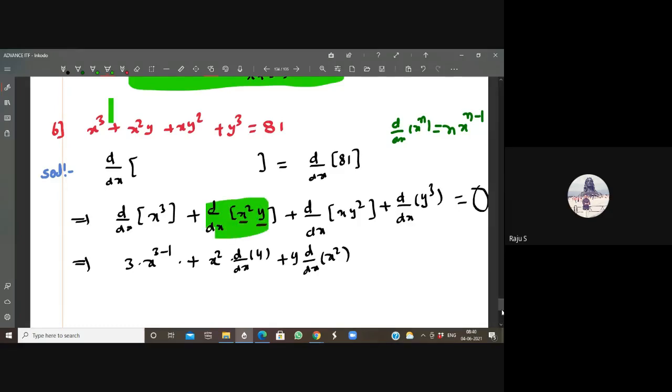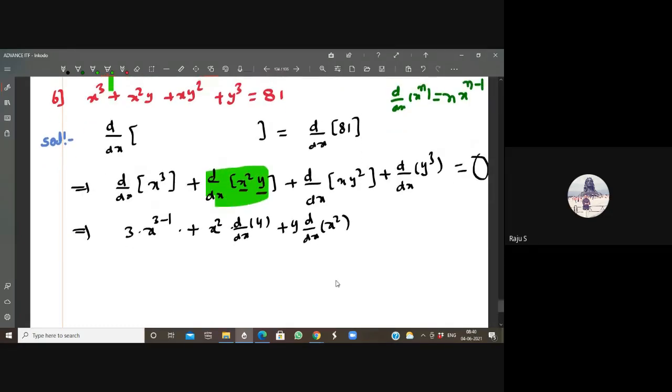Clear? Next. So this is UV formula, right? Even here also you can apply the UV formula plus x into d by dx of y square plus y square into d by dx of x.